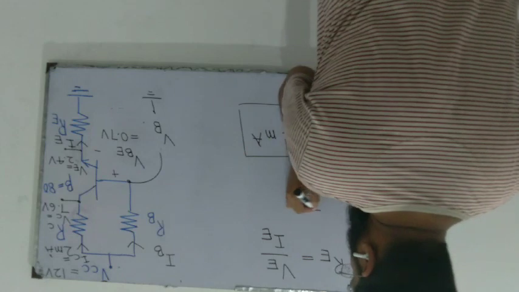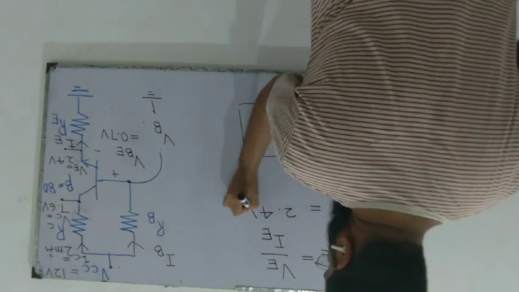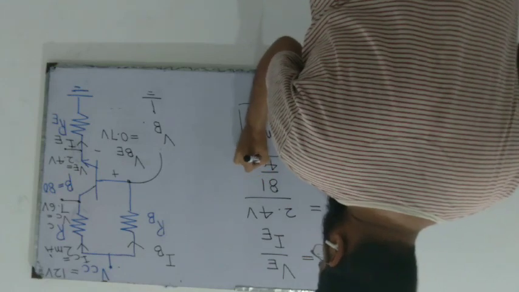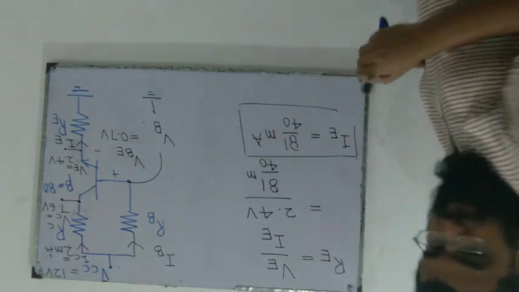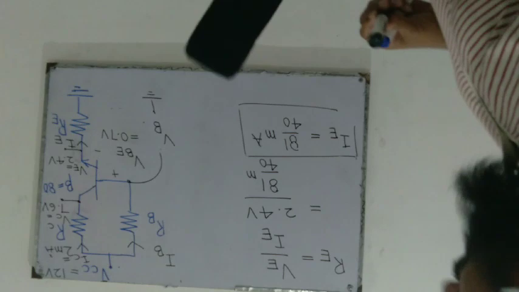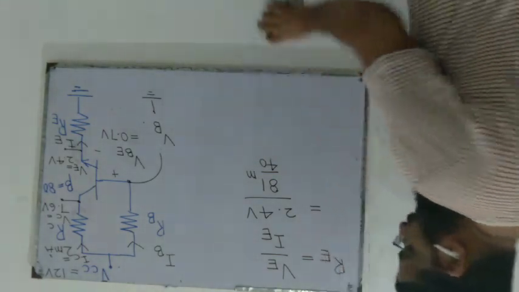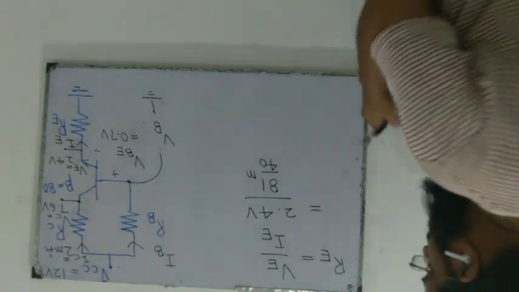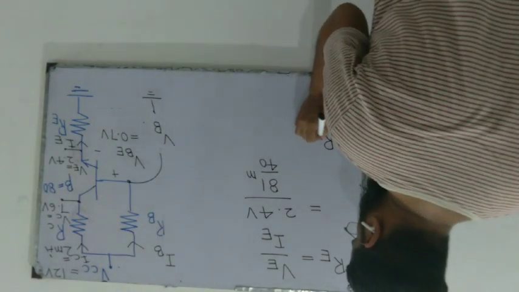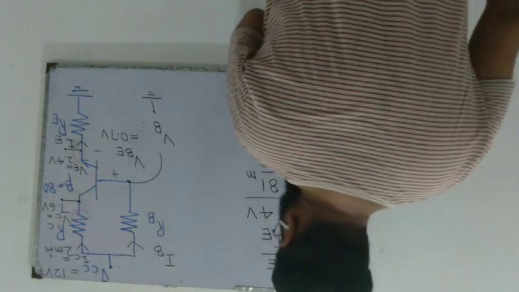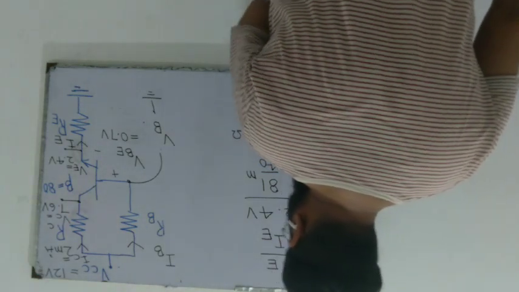So VE is 2.4 volts divided by IE, which is 81 over 40 milliamperes. Solving this, we get RE is equal to 1.18 kilo ohms.